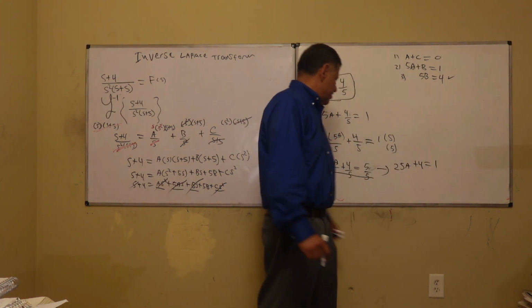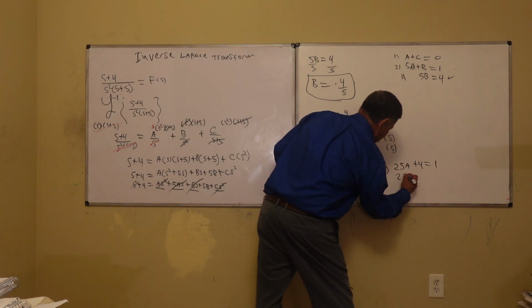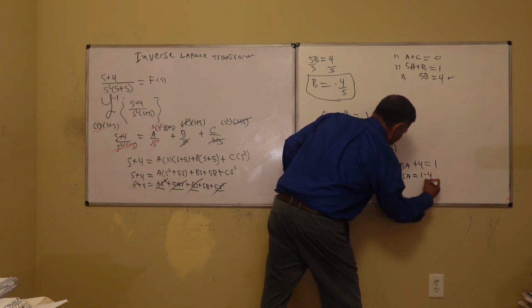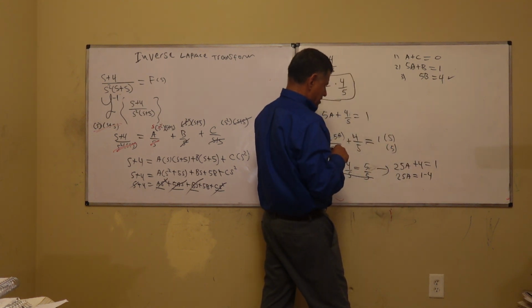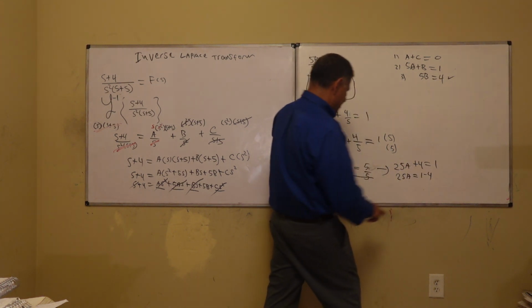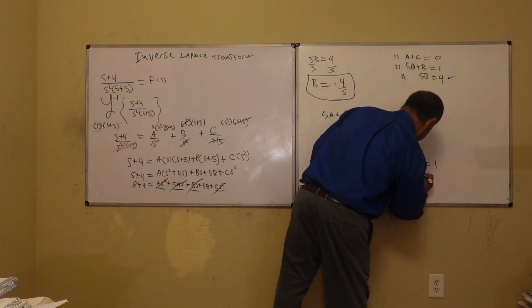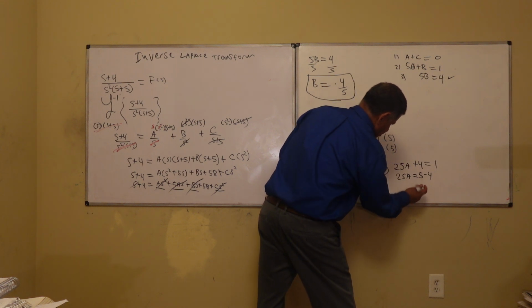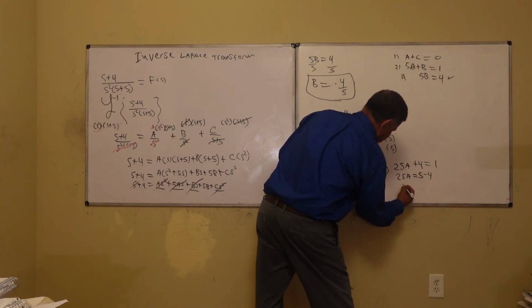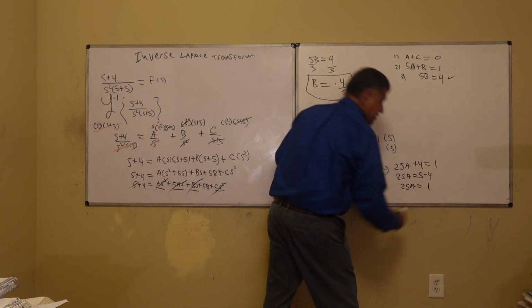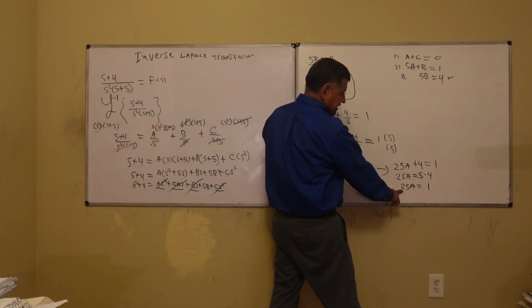Subtract 4 to the other side, and I get 25a is equal to 5 minus 4, which is equal to 1, right? So I got 25a is equal to 1. Divide that guy by 25.